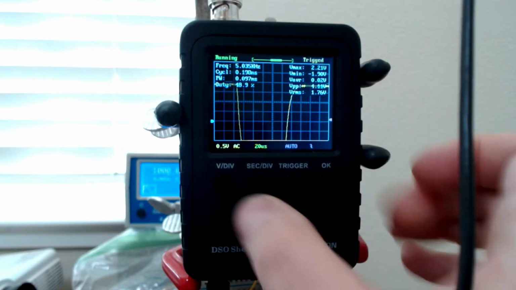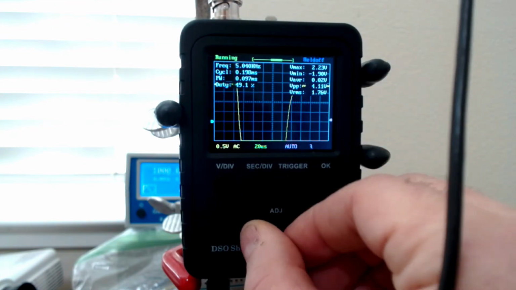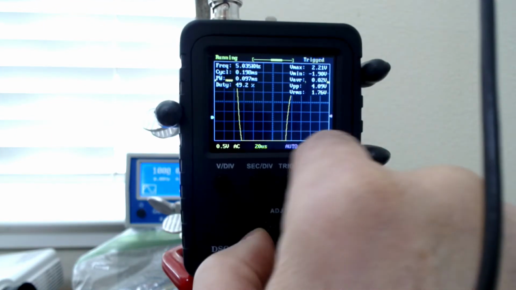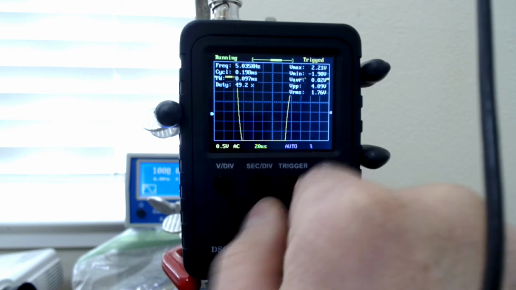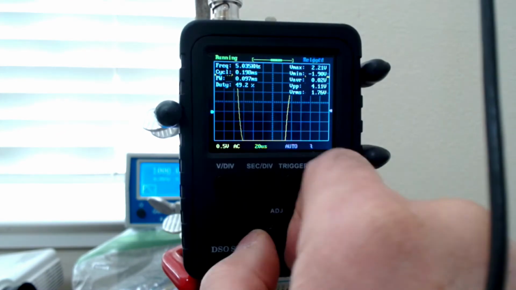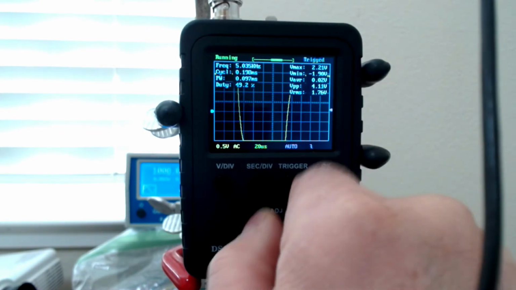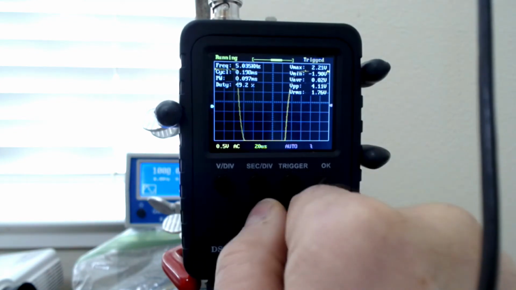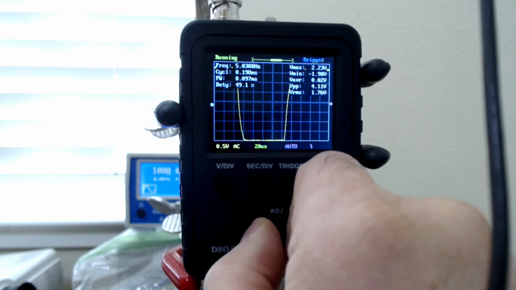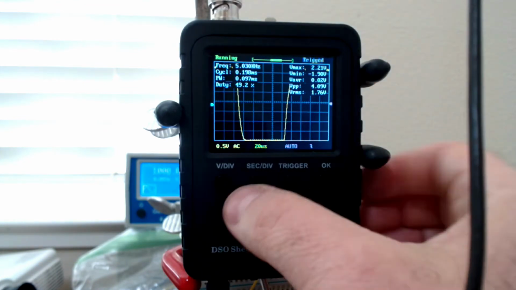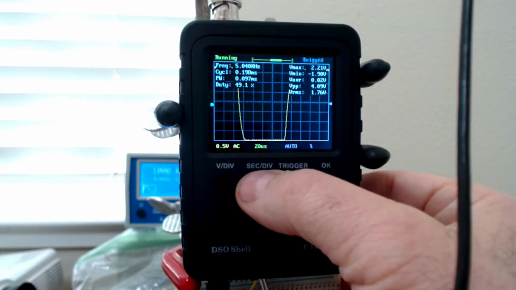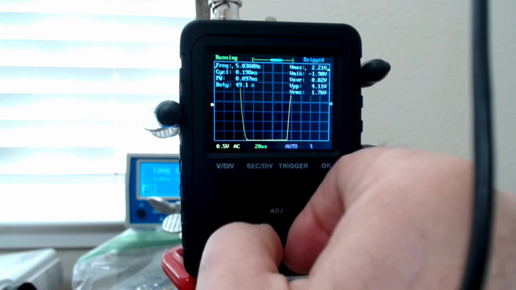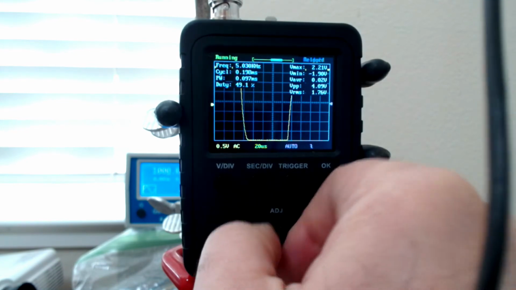So I'm going to move this signal up a little bit. I'm shifting the signal up as I'm doing this. You press the volts per division button twice so you can shift it up. Okay, there's the bottom of it. Then I press the seconds per division button twice so I can shift the signal over in one direction.